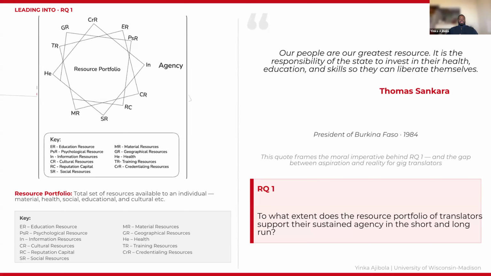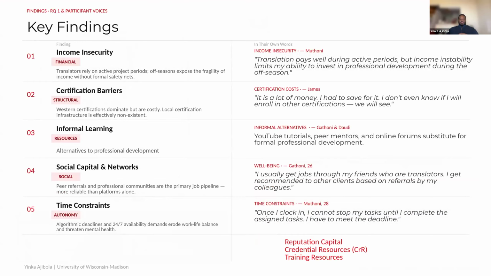The reason I chose the semi-structured interview was because it helped me with comparability across the participants, right? While still being flexible to explore other questions as well. And to move forward with some of my findings, five key patterns emerge, but I will just focus on two main ones here.